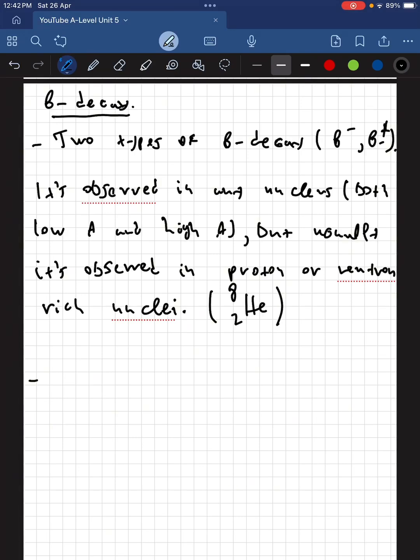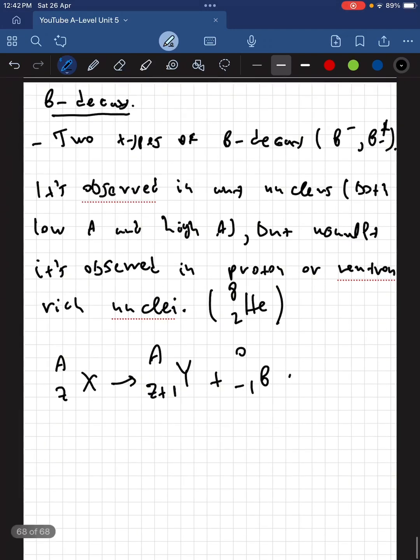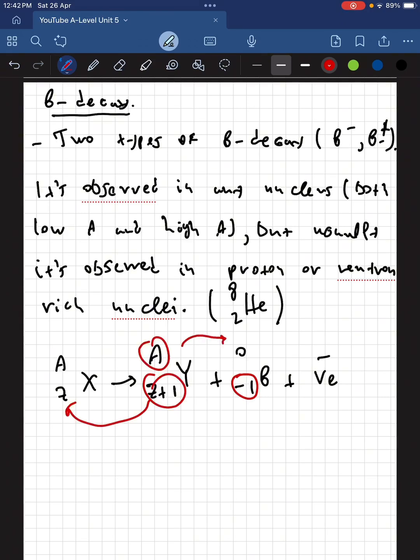So actually, I'm not gonna use this dash. So if you have a nucleus X with mass number A and atomic number Z, it can go into a nucleus Y with the same mass number. It's important to remember, but an atomic number increased by 1, plus a beta particle, a negative beta particle, plus an electron antineutrino. Okay, so you see how this plus that adds to that, and then this plus 0 gives you the mass number that you start with.